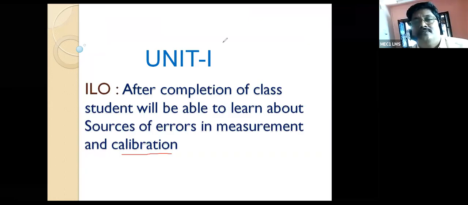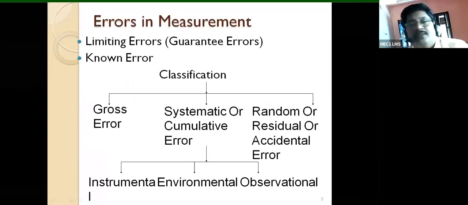Now we'll discuss the sources of errors one by one. Errors in measurement. Limiting errors, that is, guarantee errors. Some errors will definitely occur, compulsorily, maybe from some manufacturing defect, and known errors.